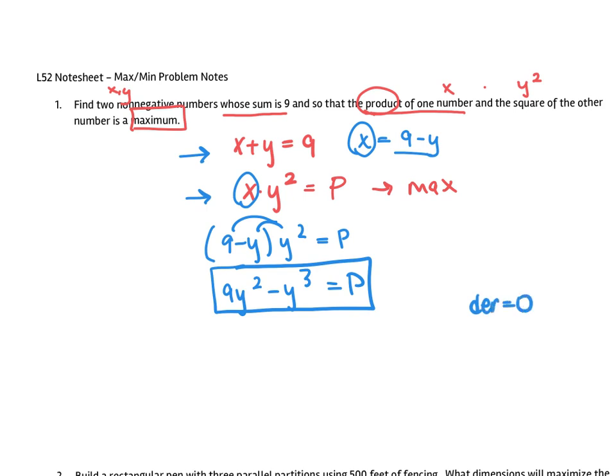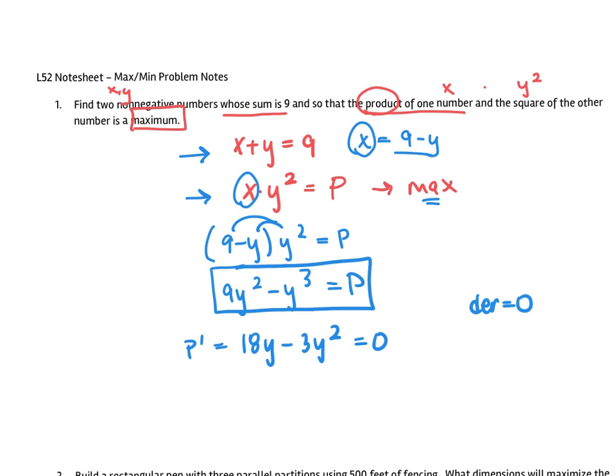So once we get this far, we are going to find the derivative of P, so P prime. And in doing so, I get 18y minus 3y squared. If I now set this equal to 0 and solve, I would then know where that maximum or minimum is. Again, I'm looking for the max.